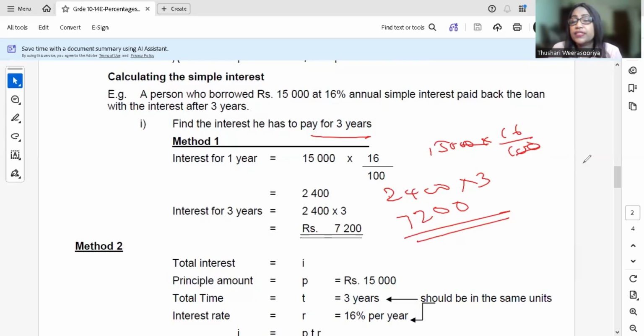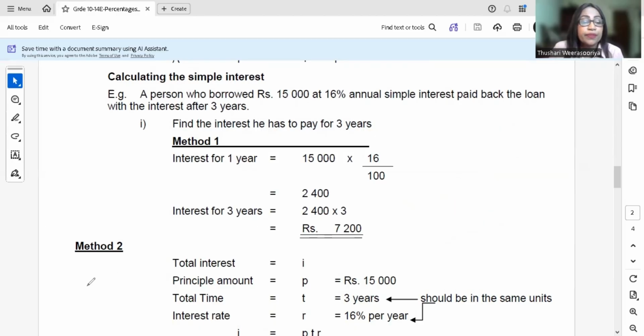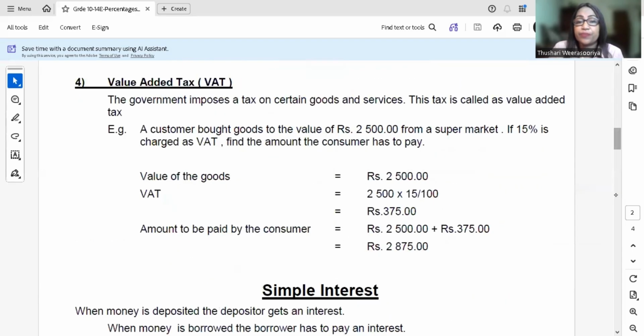Then what's the total amount? To get the total amount, you have to add the principal amount plus the interest.